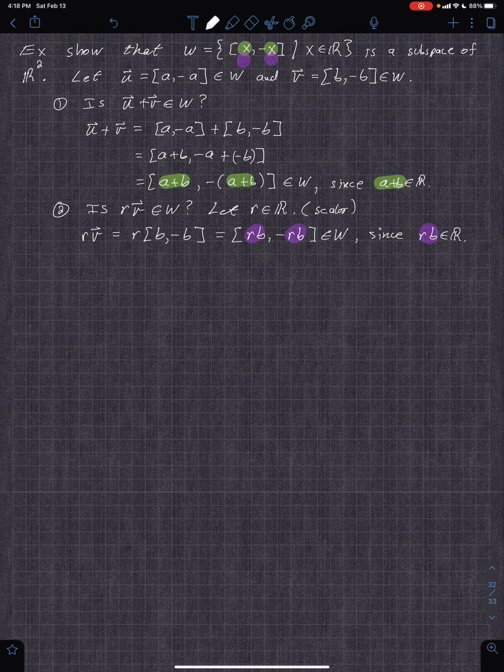Because it satisfies the closure of both vector addition and scalar multiplication, we conclude it's a subspace. So therefore, W is a subspace of R2. So in other words, you do the operation and it remains in the set. That's the key part.